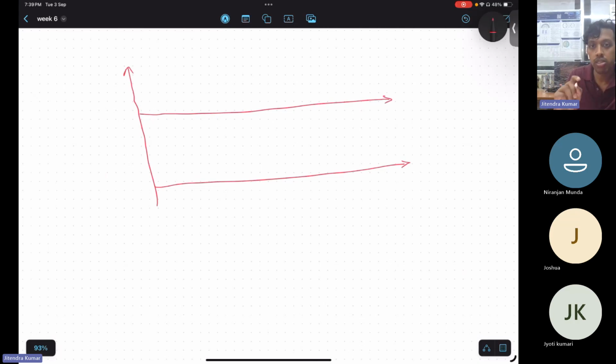Since both the clocks are complement of each other, let's suppose clock 1 goes like this, then like this.